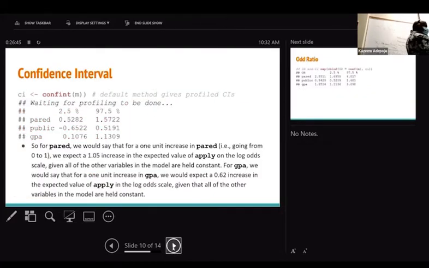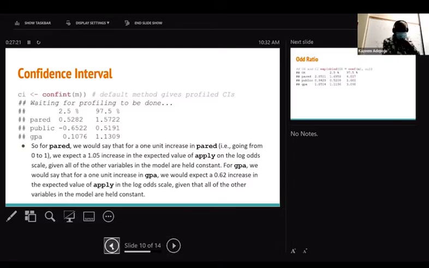For PARAD, we want to focus on the parent status. How does the parent educational status determine your consideration for graduate school? Based on the result that we have, we want to make an interpretation on that. We will say that for a 1 unit increase in PARAD, going from 0 to 1, we expect a 1.05 increase in the expected value of apply on the log odds scale.